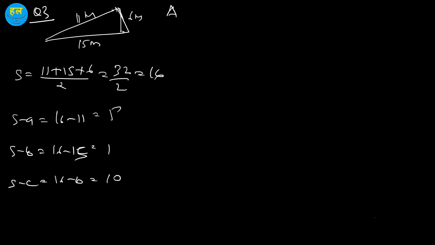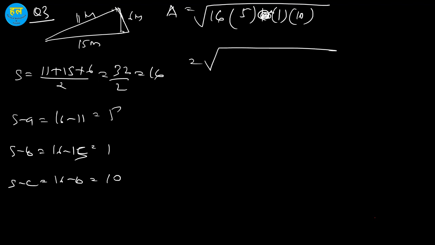So when we want to find the area, we will put it in Heron's formula, that is 16 into 5 into 1 into 10. It is 2 to the power 4 into 5 into 2 into 5. It is equal to under root of 2 to the power 5 and 5 to the power 2.